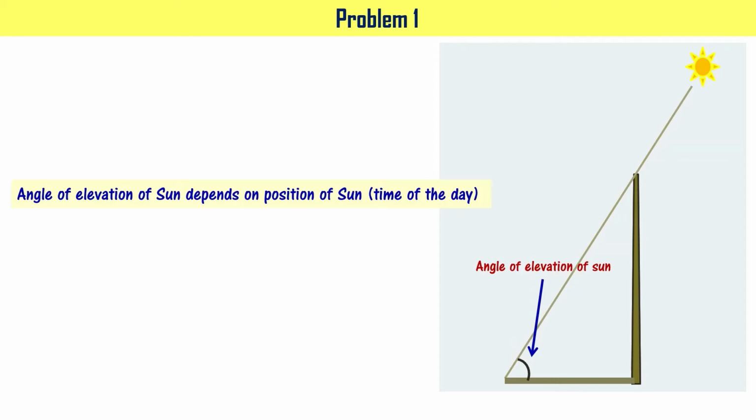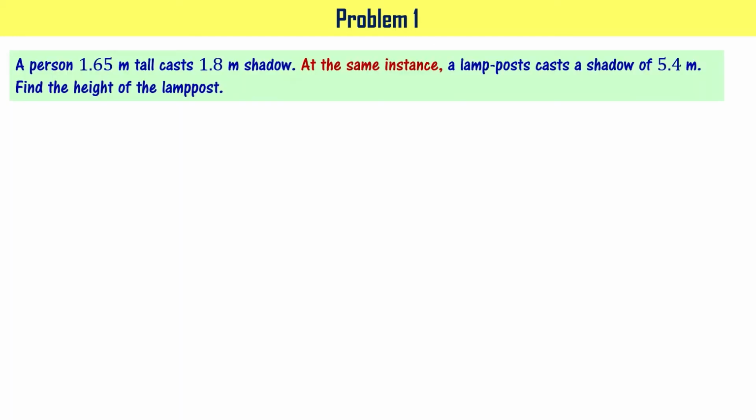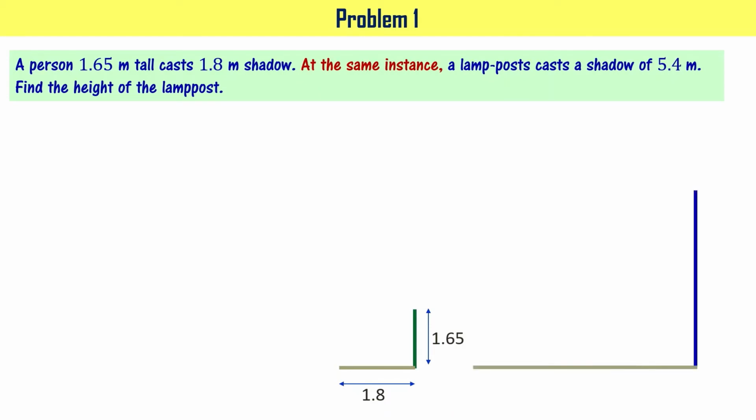With that point in mind, let's go back to the problem statement. Let's say that a person 1.65 meters tall is casting a shadow of 1.8 meters as shown here. At the same instant, a lamp post casts a shadow of 5.4 meters. We are asked to find the height of the lamp post.